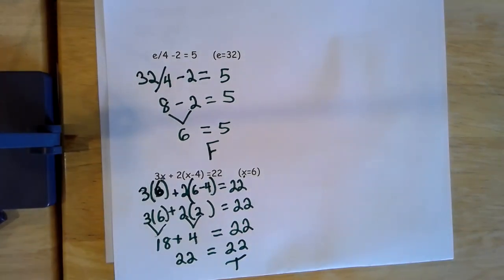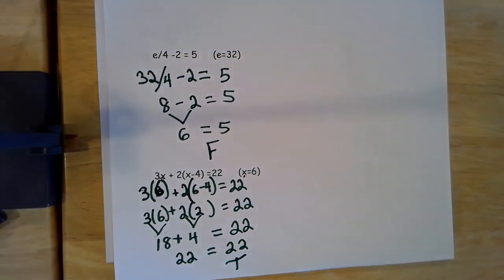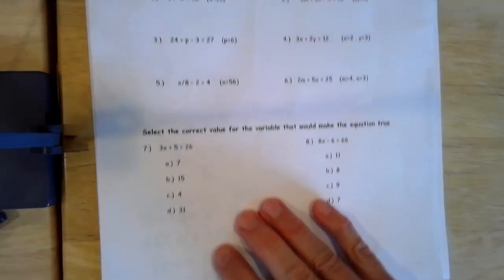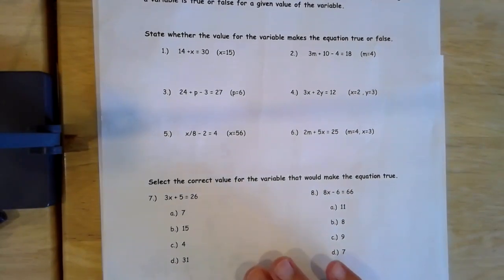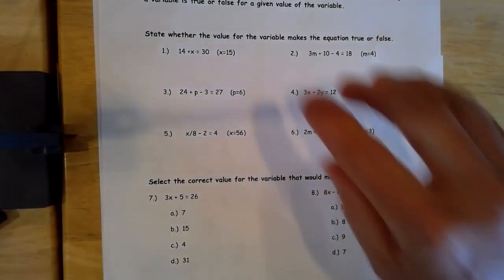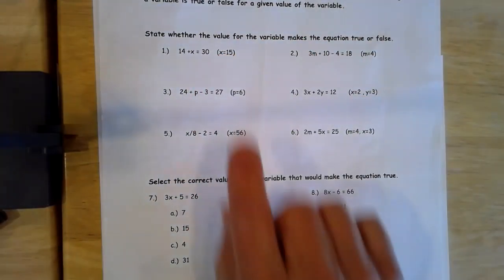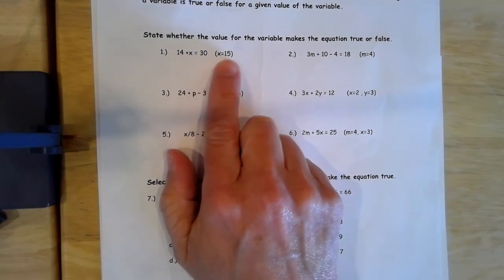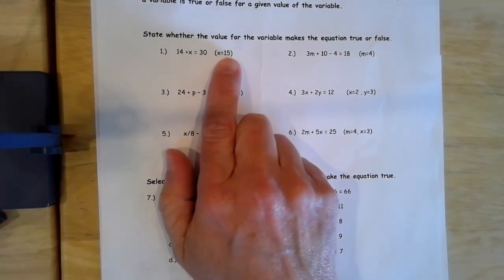Now today, you will have an assignment in Google Classroom. That assignment is going to have the same problems that you're going to see on this page. And your teacher will have put that in Google Classroom. You're going to have 6 different algebraic equations where they're going to give you a value for the variable.